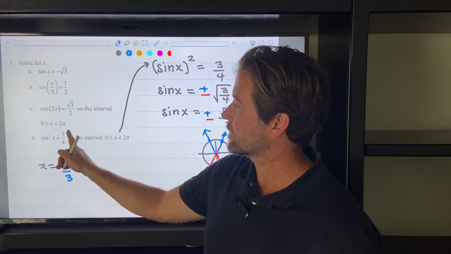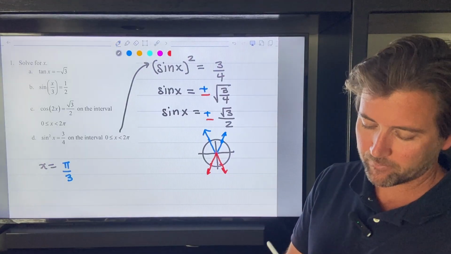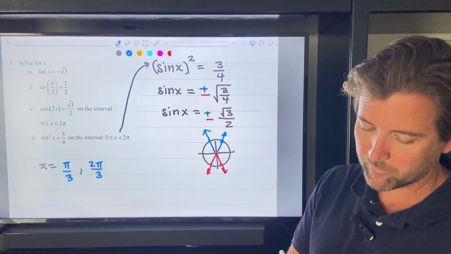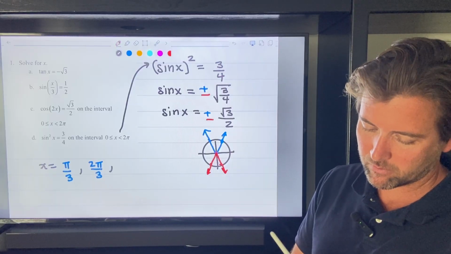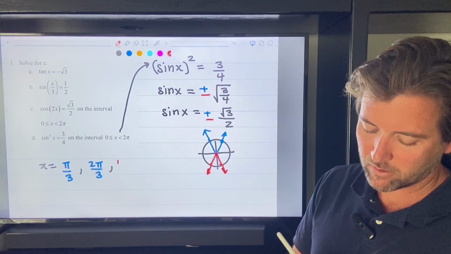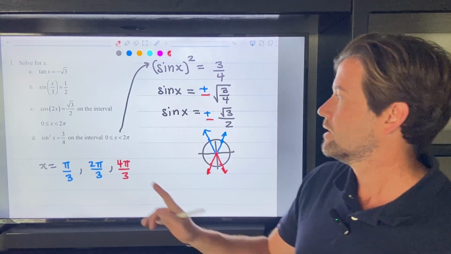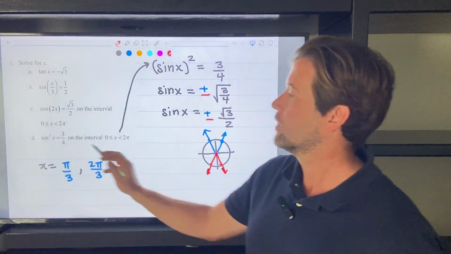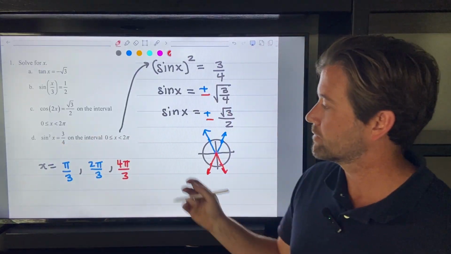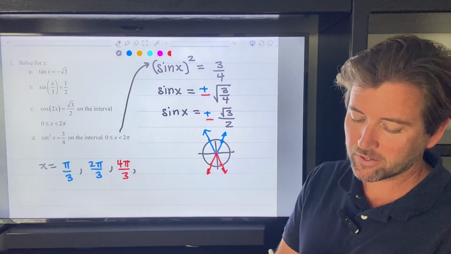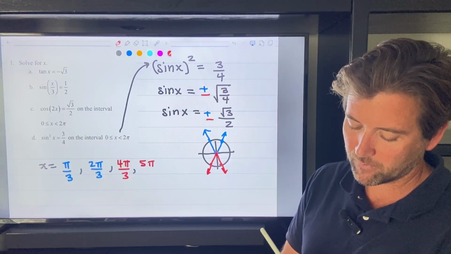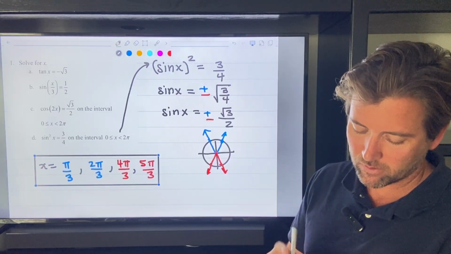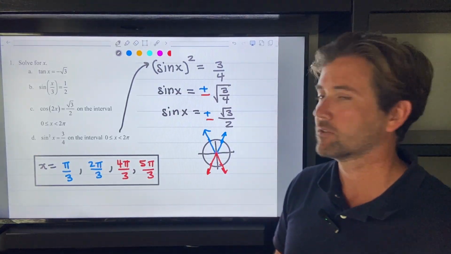And when you square it, that's equal to 3/4. 2 pi/3 would have the same outcome. Now 4 pi/3, it's slightly different. The sine of 4/3 pi would be negative square root of 3/2. But when you square it, you would get positive 3/4. And the same if you plug in 5 pi/3. So these are solutions in between 0 and 2 pi.